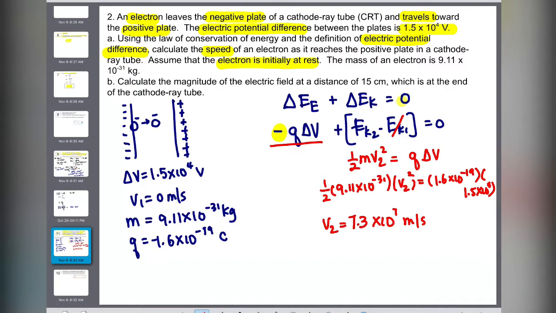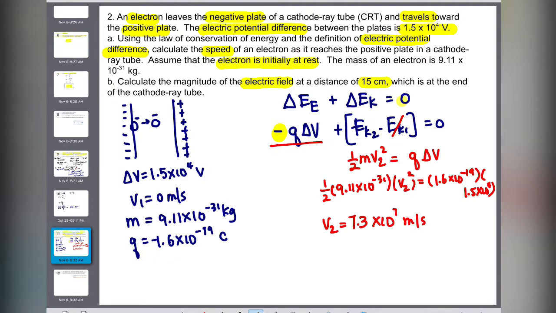Part B. Calculate the magnitude of the electric field, so I want epsilon, at a distance of 15 centimeters, which is at the end of the cathode ray tube. So when it gets to the end of the tube, I am looking for the distance.